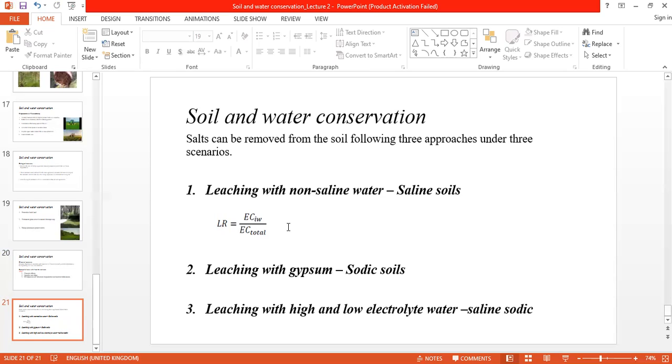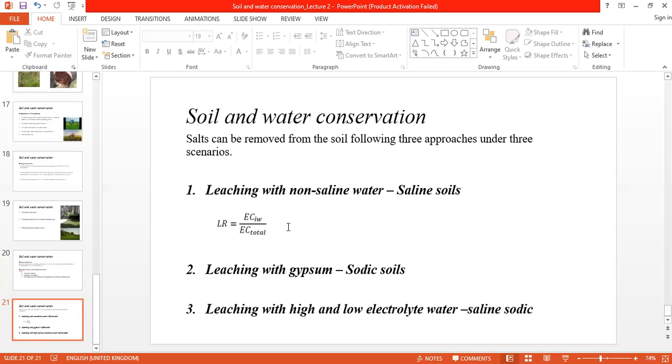Then if your soils are saline and sodic, if you have both high salt concentration and high sodium concentration, what you do first is irrigate your soil with irrigation water that has a high amount of salts.